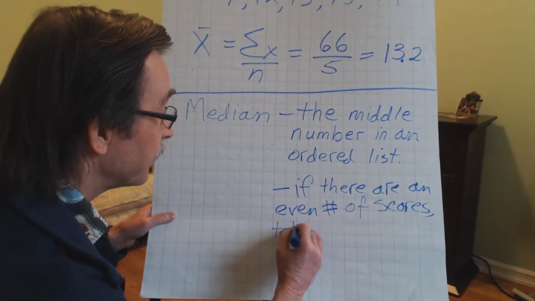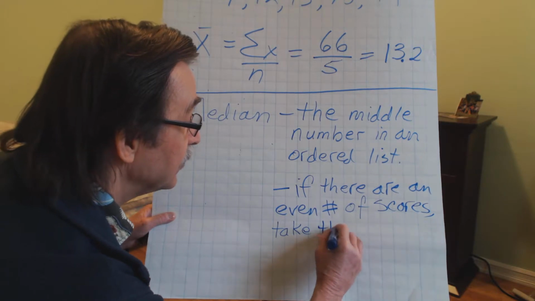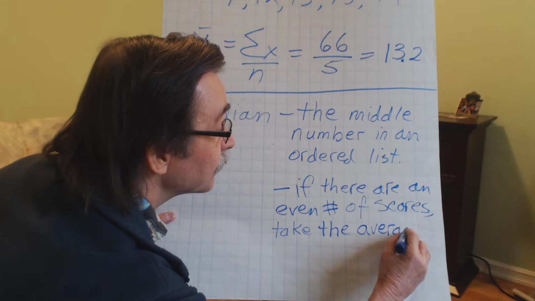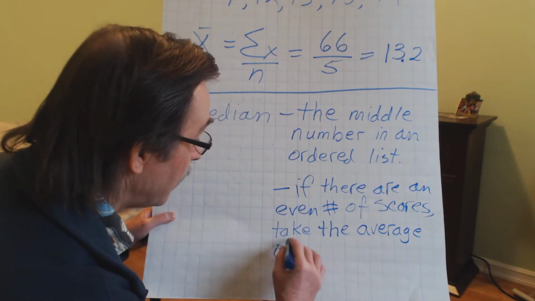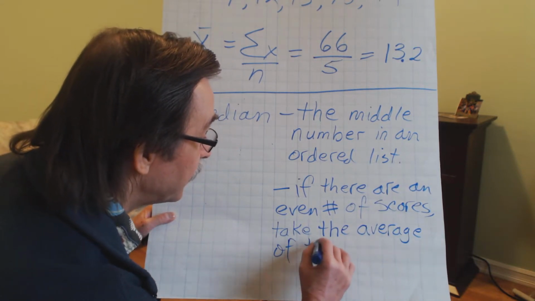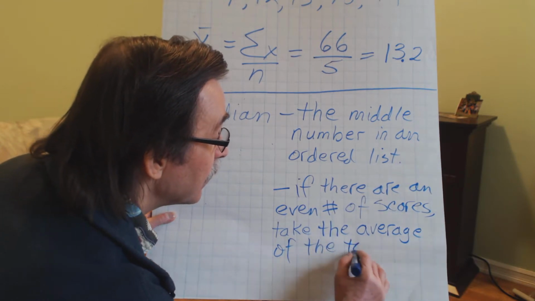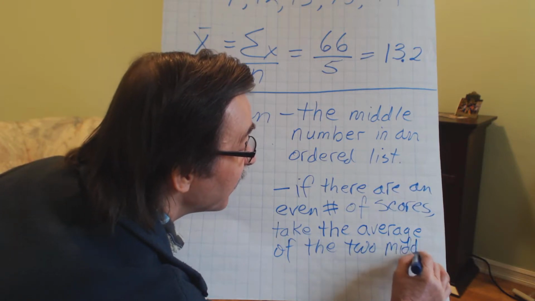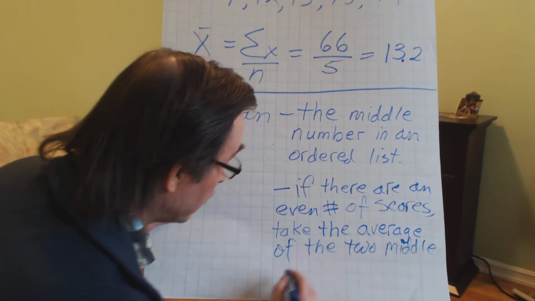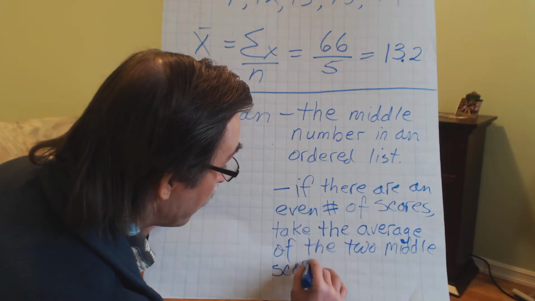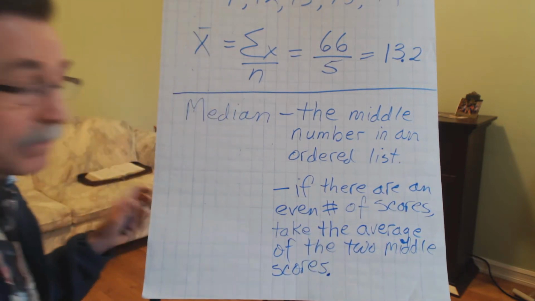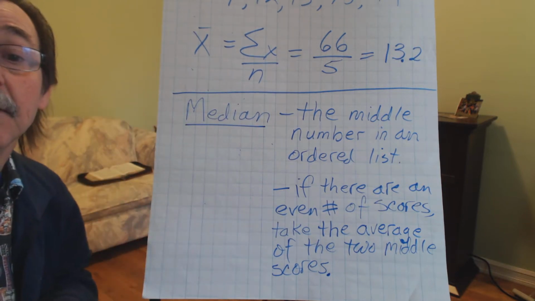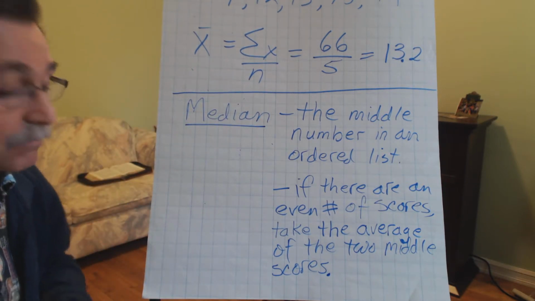Take the average of the two middle scores. Okay, so maybe I'll underline that. So that's what you do with the median.